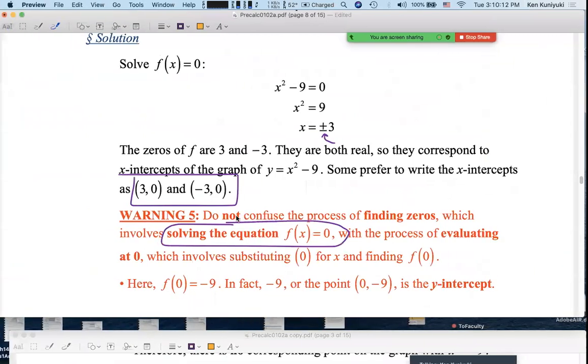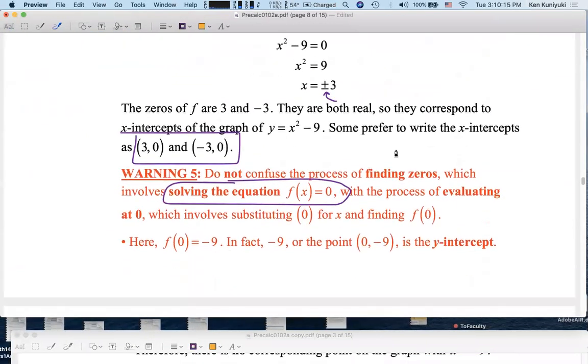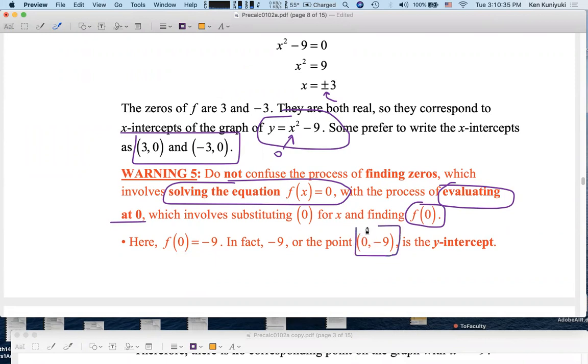Now, where's the y-intercept? Well, that's usually easier, because finding a y-intercept involves evaluating at 0. So you're basically finding f of 0. When you plug in 0 for x, you get y equals negative 9. So that means that the point (0, negative 9) is the y-intercept.